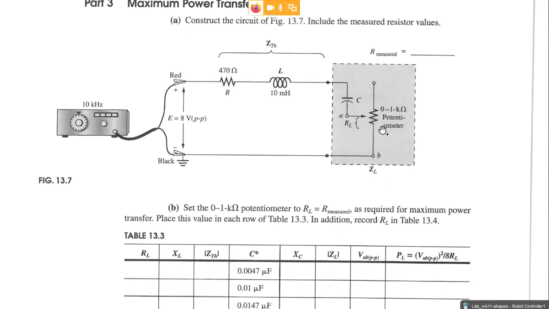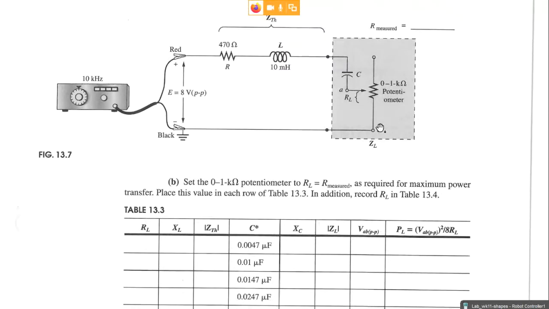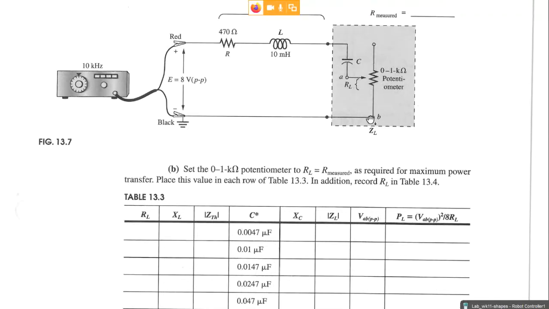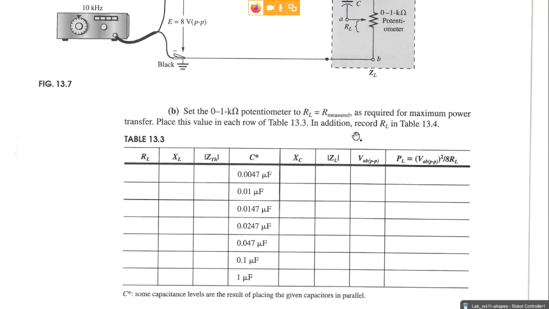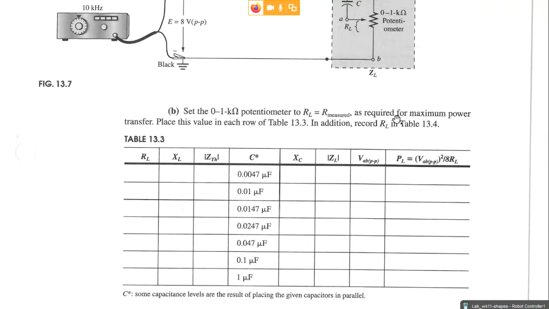And then we're going to make adjustments there to get these values. So for various values of capacitance here, we are going to have RL, and adjust RL.